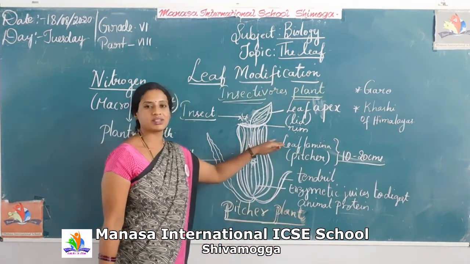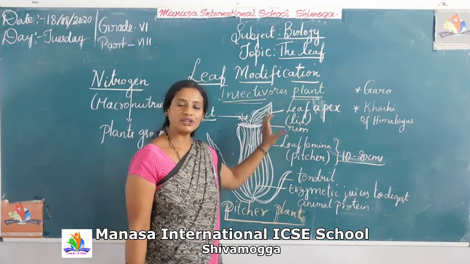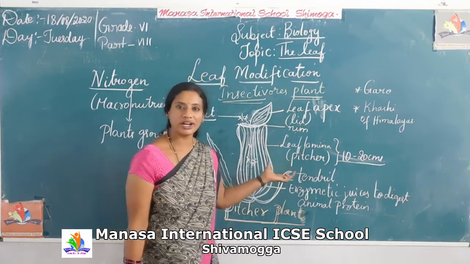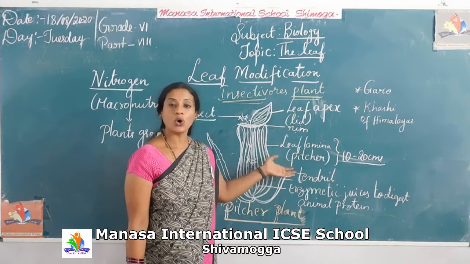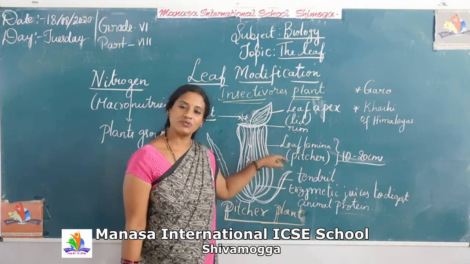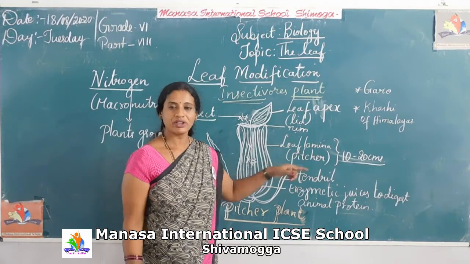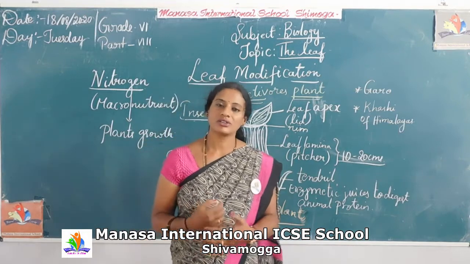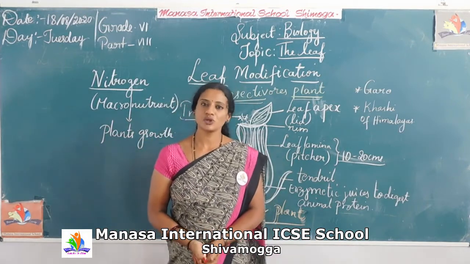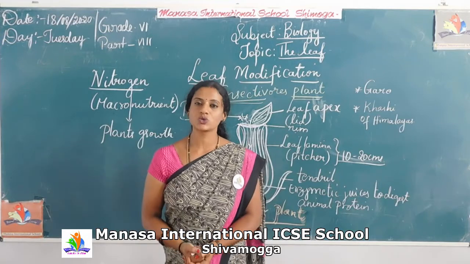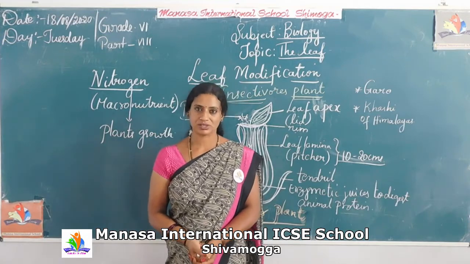So why I said this is special, because the leaf itself is modified in a special way to overcome nitrogen deficiency. Is it clear? Let me tell you first: for the growth of plants, nitrogen is a macronutrient which is very essential.